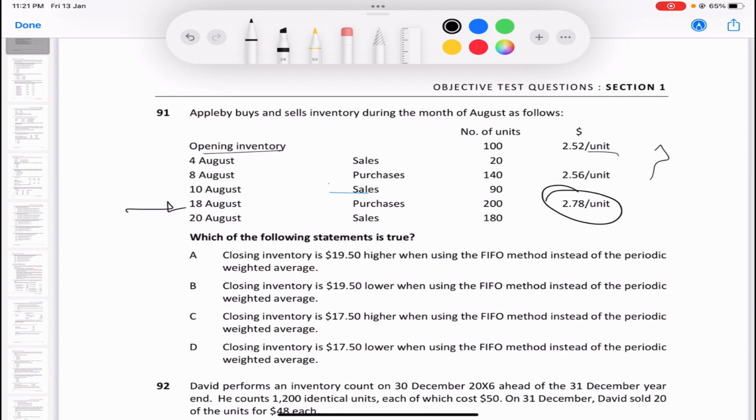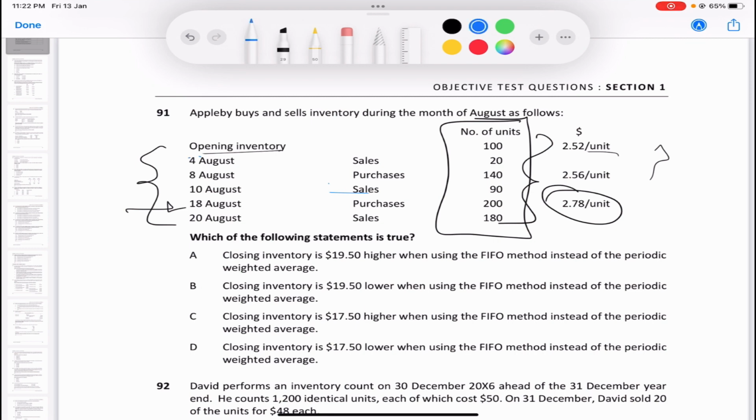Okay, before that let us find out what is the total number of units. Giving you a second to try to find that. We just have to find the total number of units in purchases. Okay.